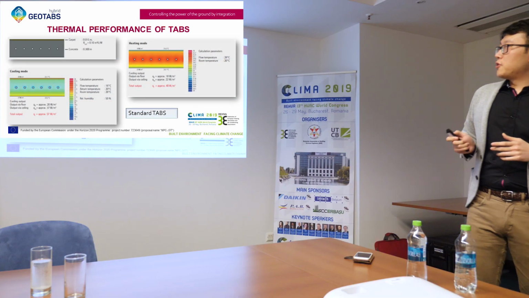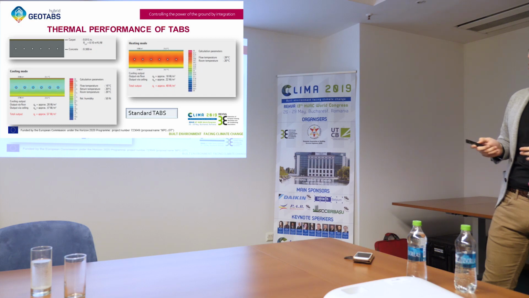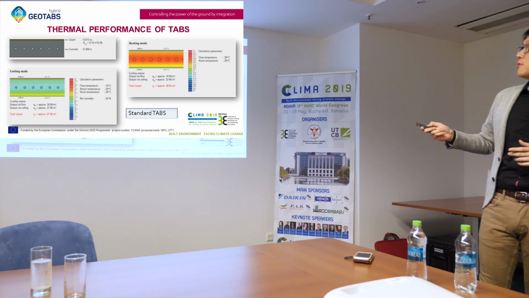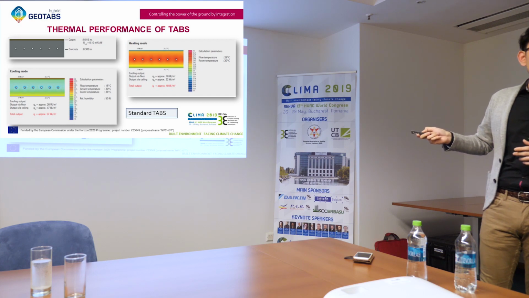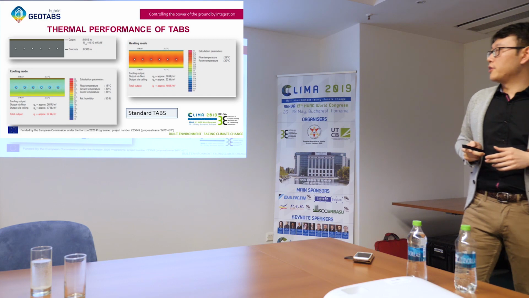So when we come to the first one, the standard TABS, we have different subtypes of the standard ones. This is the most common one, where we have just concrete. Okay? You may have carpets on top of it, and this is a concrete with 4.3 meters.